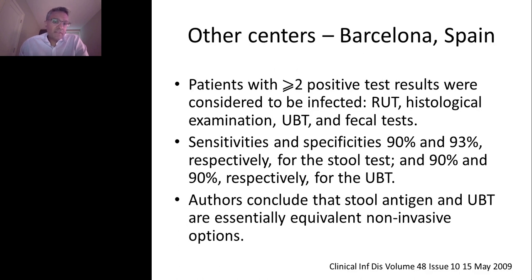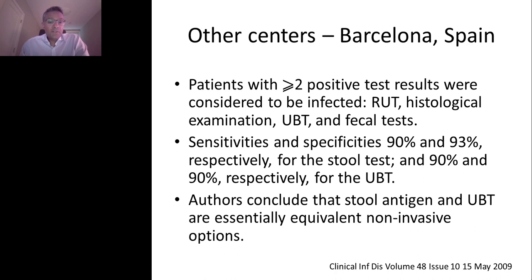So in scanning the environment for the literature evaluating UBT as well as stool antigen tests, we noted this important study in 2009 from Barcelona. Here, patients with greater than or equal to 2 positive test results were considered to be true positives. And the studies that were done on these patients included the rapid urea test, histological examination, the urea breath test, and the stool antigen test.